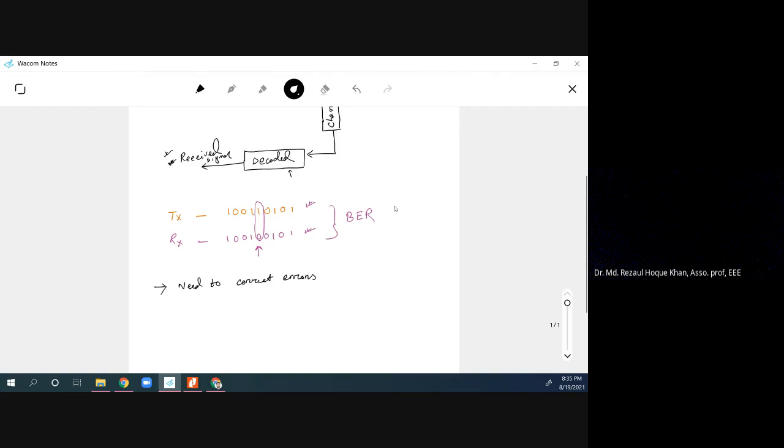Or in other words, we need to make the bit error rate as low as possible, very low. But the question is how we can make this bit error rate, or the occurrence of the bit alteration that introduces the error, as low as possible. How?